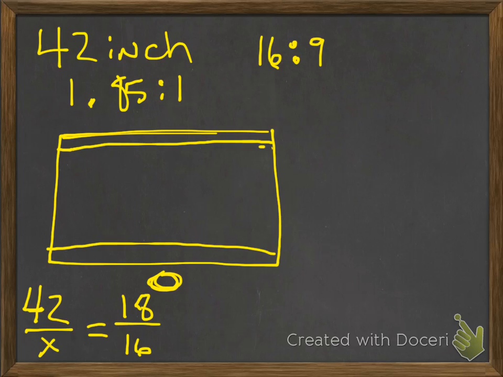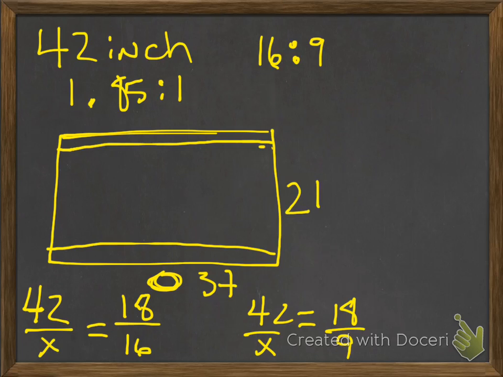When I do that, I get approximately 37 inches. Then I do the same thing for the other ratio, 42 over 18 times 9. 42 times 9 divided by 18 gives me 21.